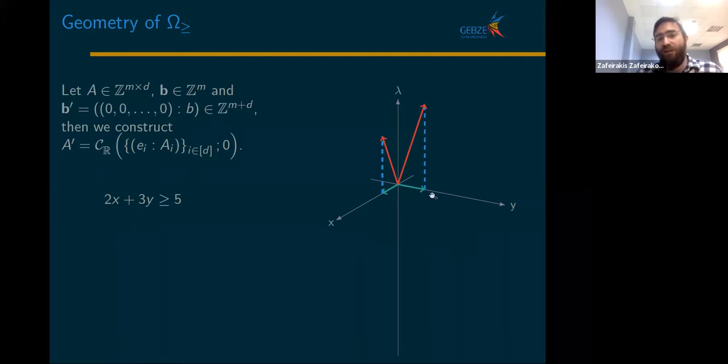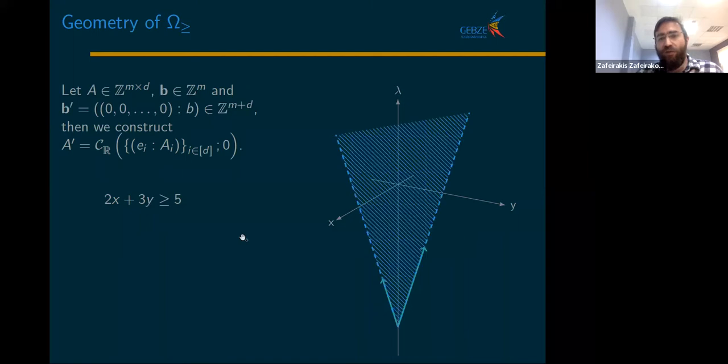And then 0, 1 goes to 0, 1, 3. And I will shift this cone by minus the right-hand side, and I have this cone.